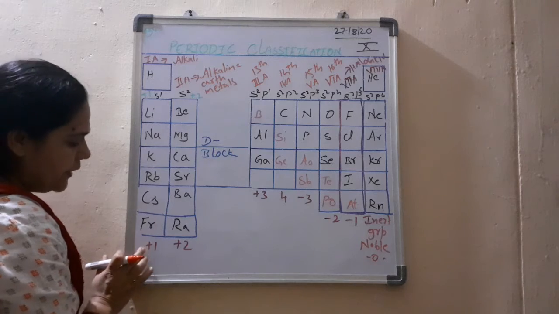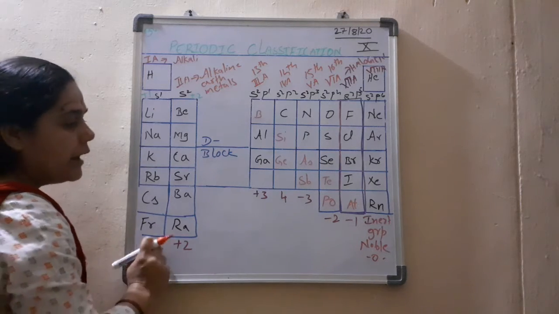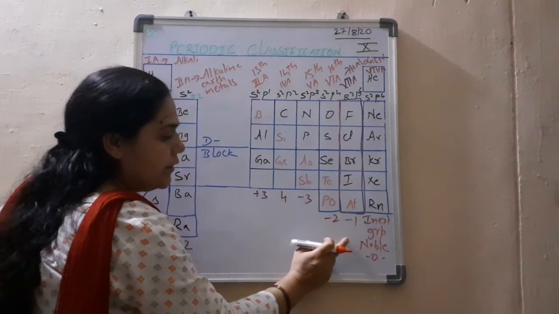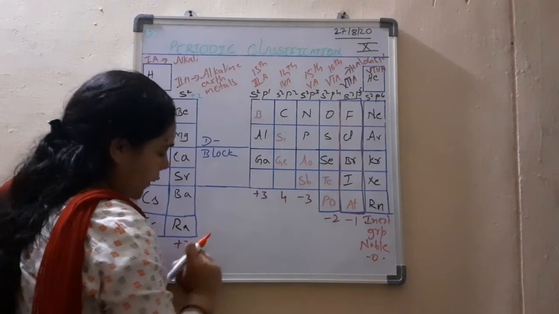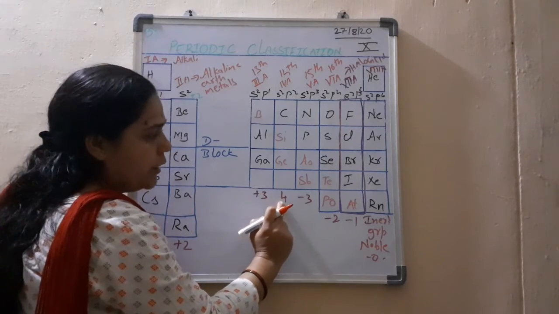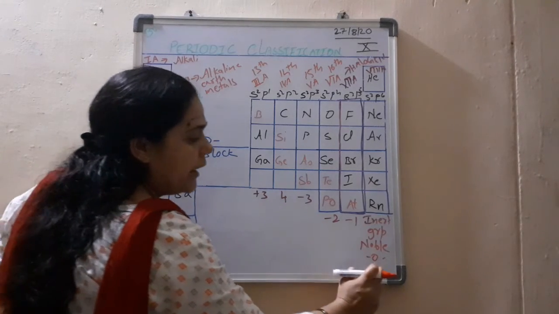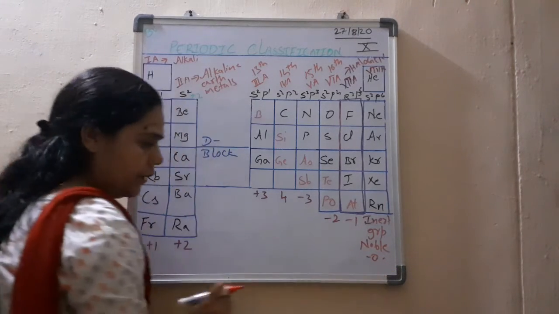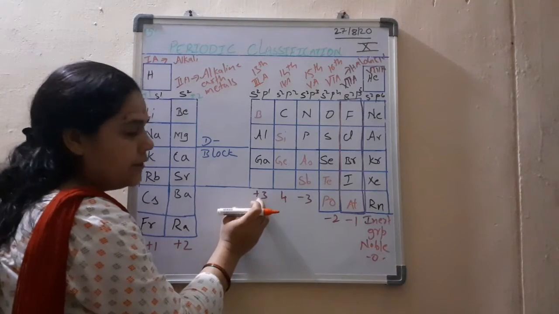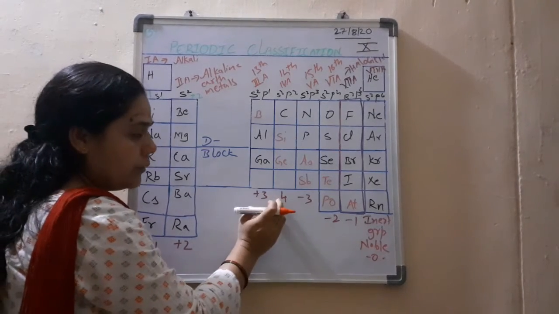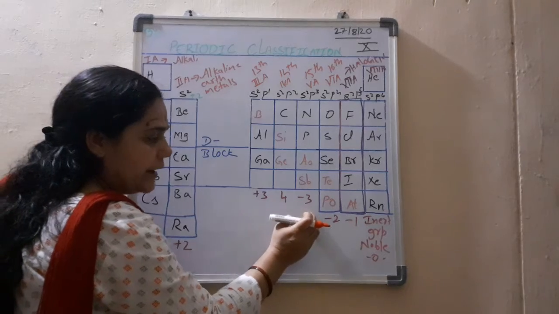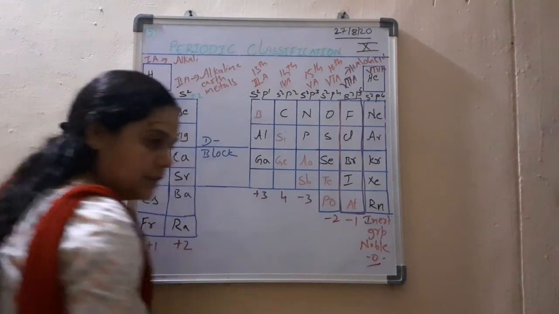On the left side, the valency is positive, and gradually when we come to the right side, it will reach the maximum of 4, then decrease and then become negative, electronegative, and reach a valency of 0.